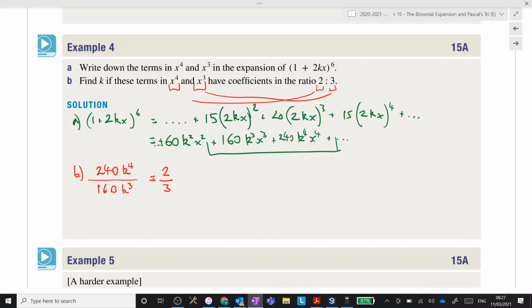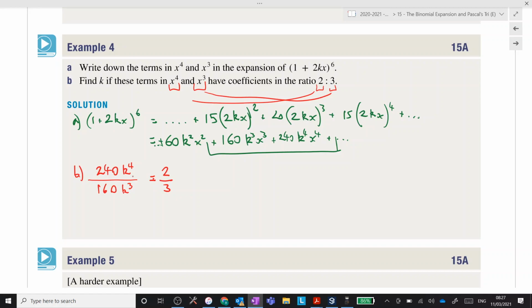Happy with that? Wouldn't there still be a k on top? There is a k on top. No, we haven't. We're saying these are the coefficients, but they're in this ratio. So we know, because we're trying to find what? What are we trying to find? It says it in the first two words in the question.